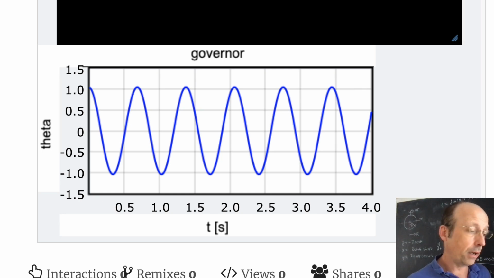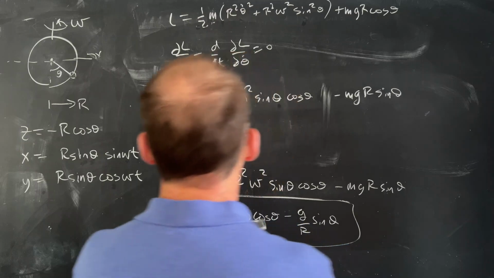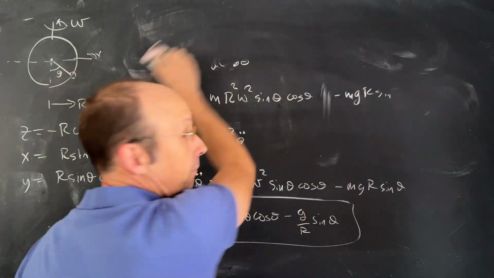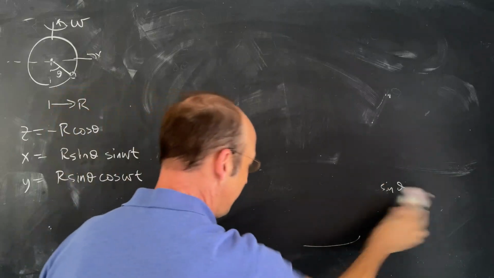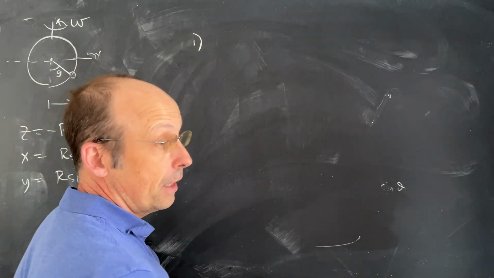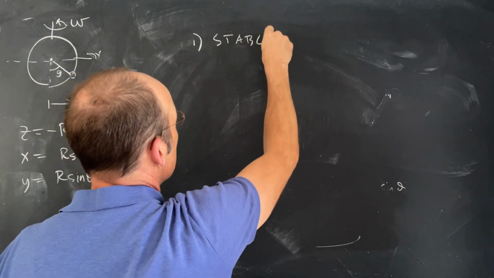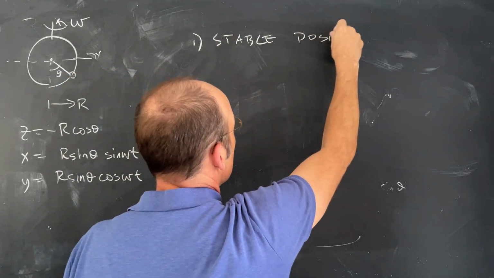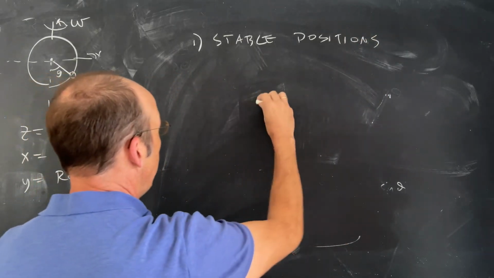Let's go back to the board, and I'm going to write down your homework questions for you, which I will probably answer at some point if I get bored, but I just don't want to make this video too long because I have class in a little bit. Okay, so number one, stable positions. Where can you put this ring?